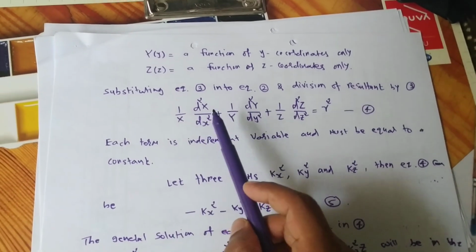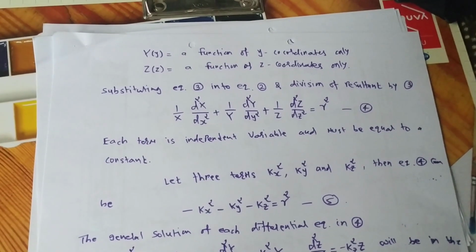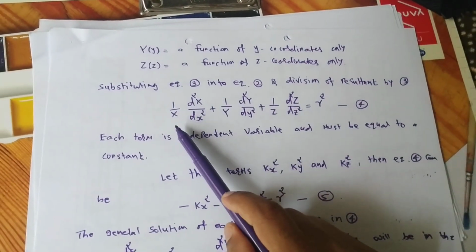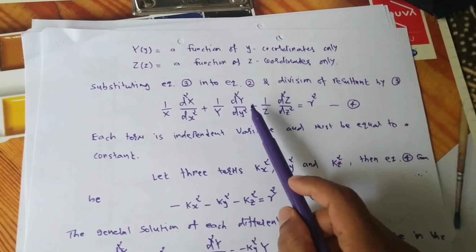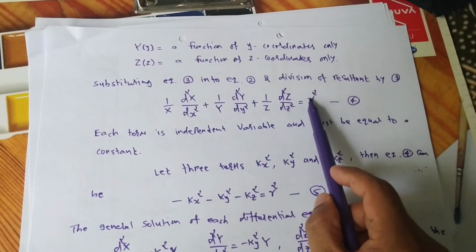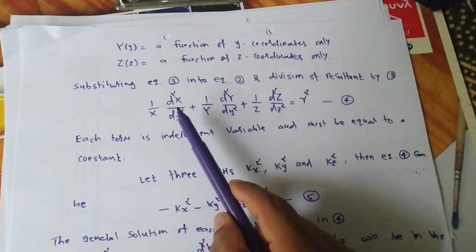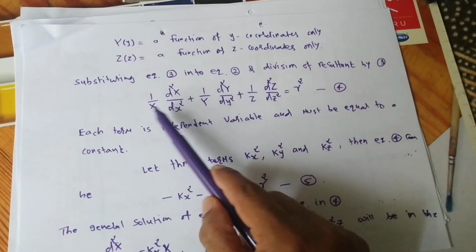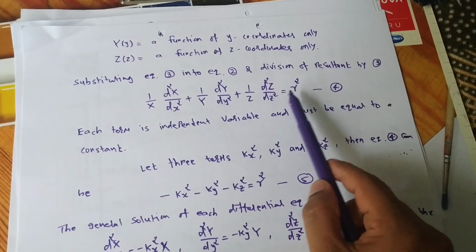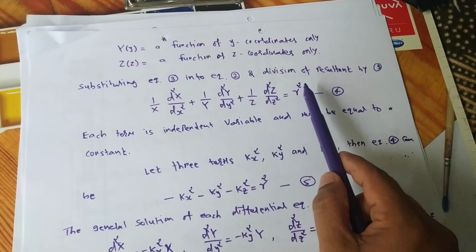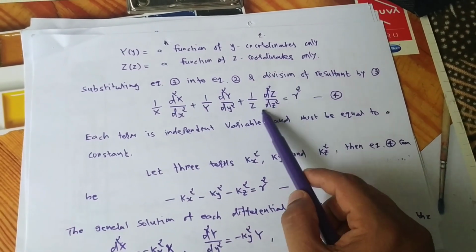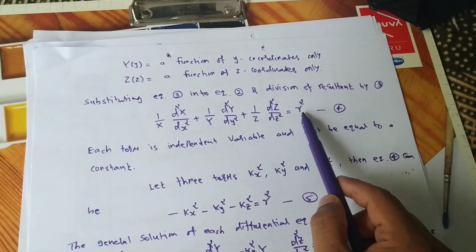Here you can clearly see that each term depends on an independent variable, so the sum must be equal to this constant.